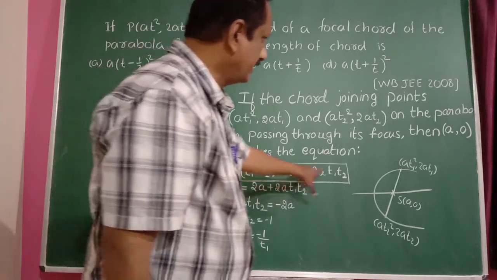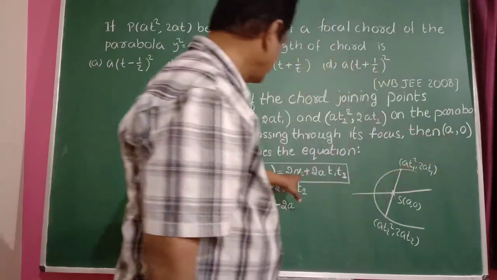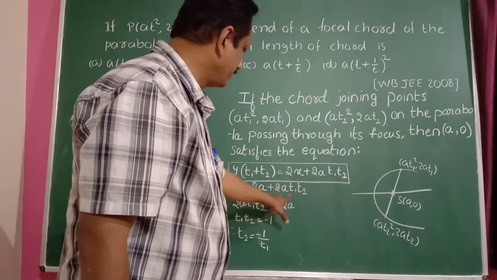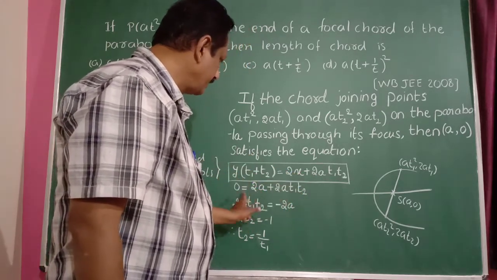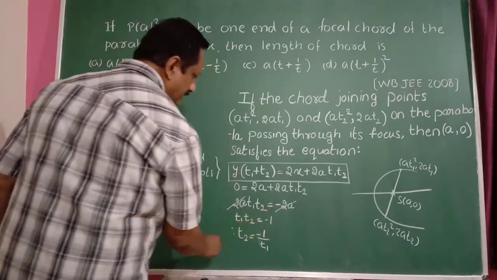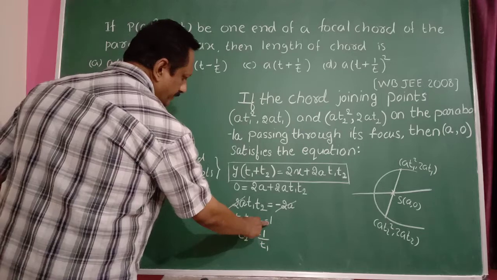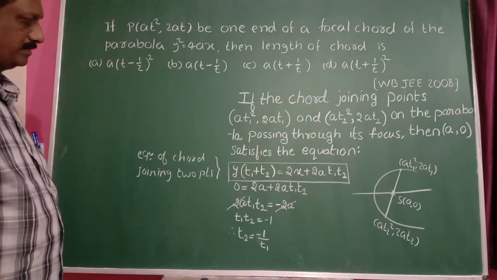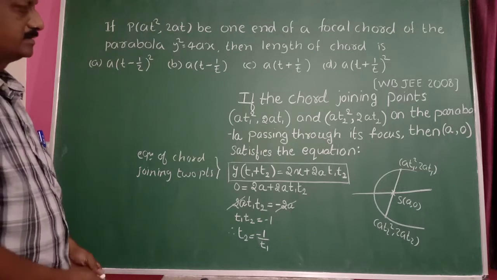Then x is a, so substitute: 2a plus 2a t1 t2. Taking 2a to this side it becomes minus 2a, so the 2a cancels, and t1 t2 is equal to minus 1. Hence t2 is equal to minus 1 upon t1.